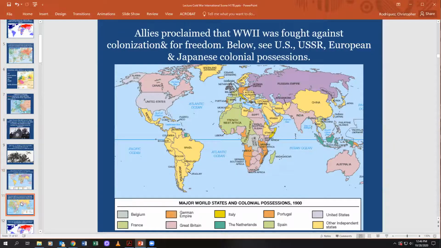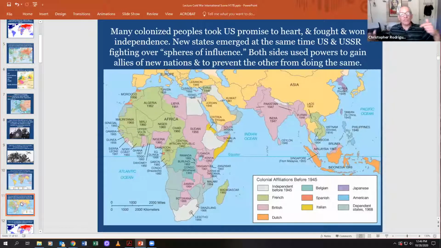Yeah, okay. So many colonized peoples, especially in Africa and Southern Asia, took to heart what the United States was preaching about freedom and independence, and even the Soviet Union based a lot of their rhetoric on being anti-imperialist, being anti-colonial.